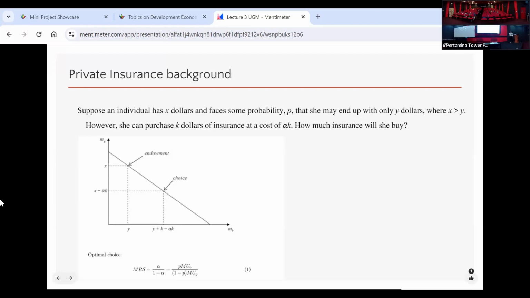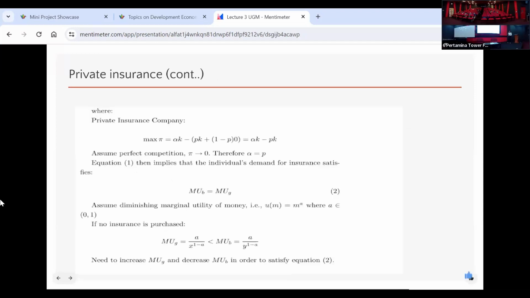So the private insurance company, what is the private insurance company doing? The private insurance company wants to maximize profit. And profit is going to be alpha K. What is alpha K? Alpha is the premium and K is the size of the insurance. So for the company, alpha K is the total revenue, okay? So let me write it down here.